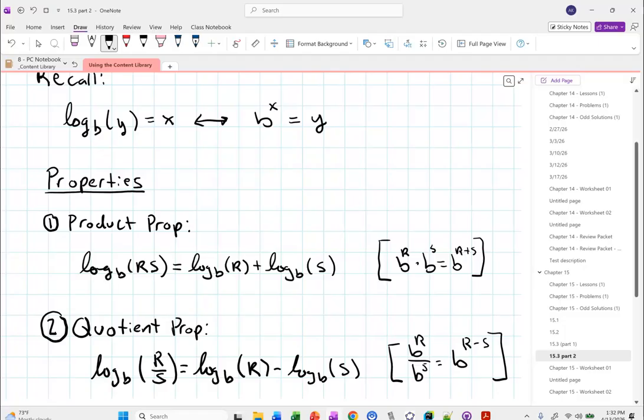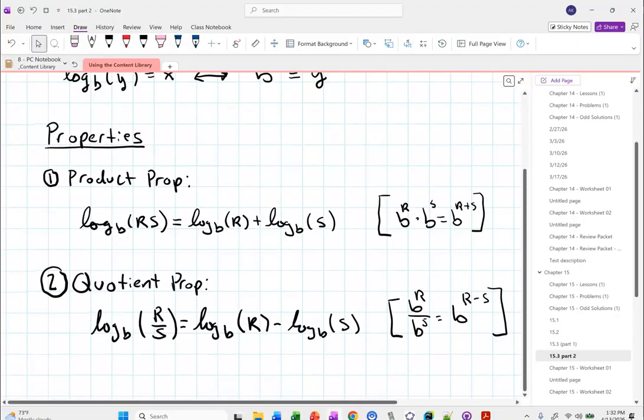Again, this is equivalent to the exponent property of division.